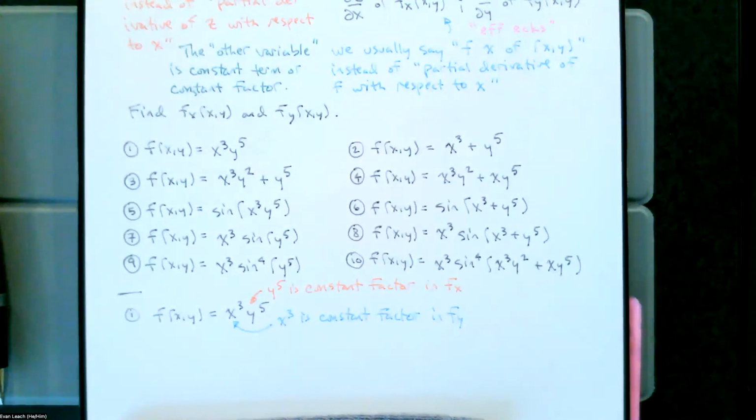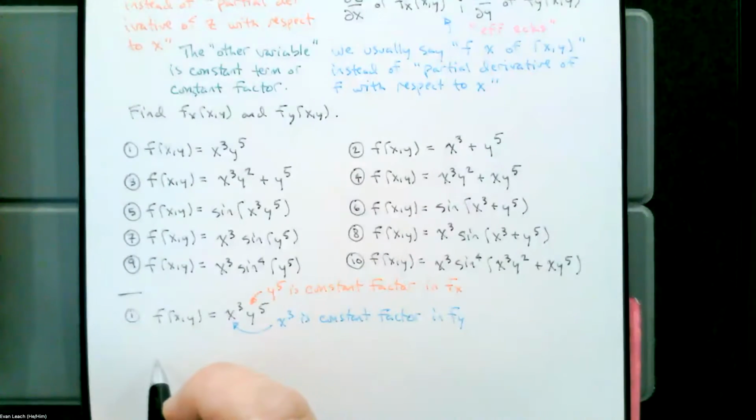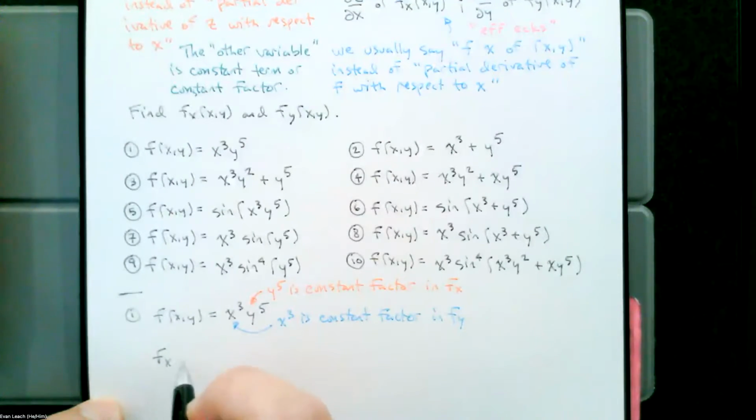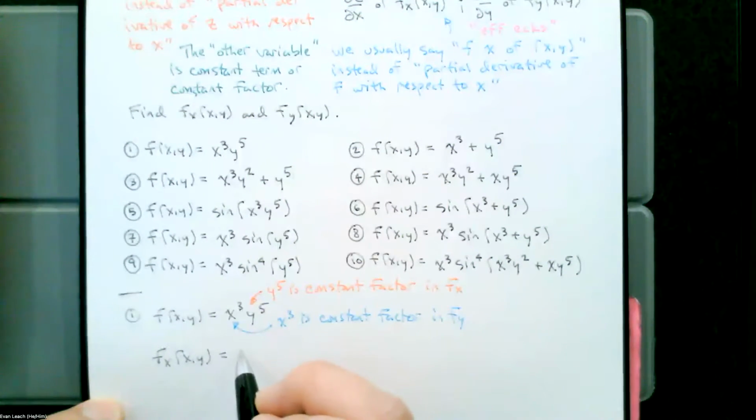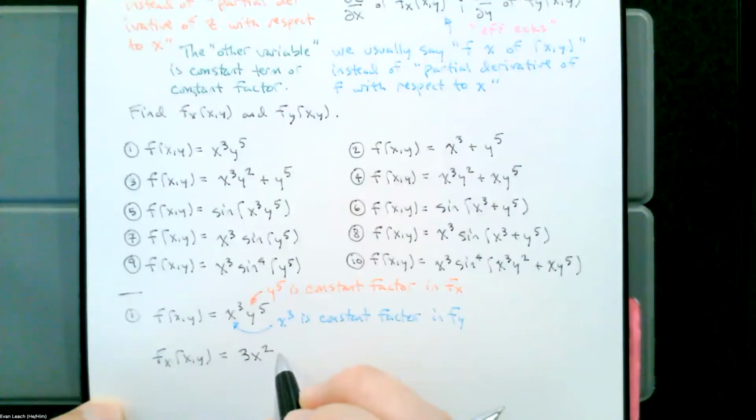So when we take our derivatives, we'll take the derivative with respect to x, which is 3x squared, and y to the fifth is a constant factor. It just gets carried along. So we get 3x squared, and then we just keep the y to the fifth.